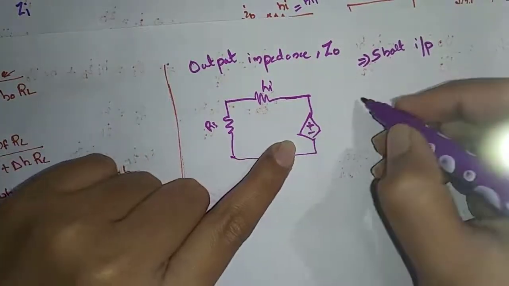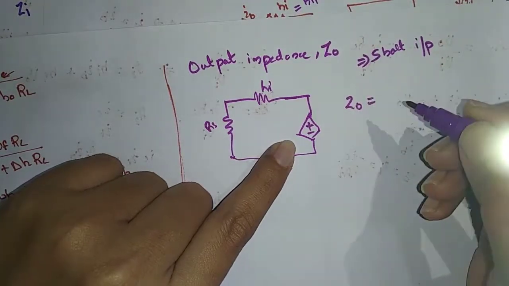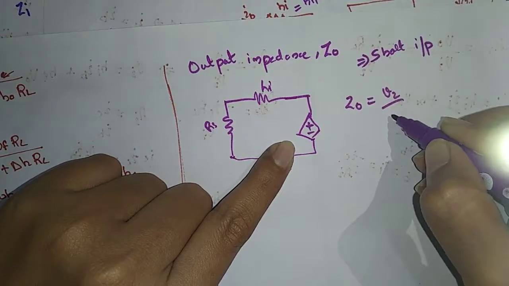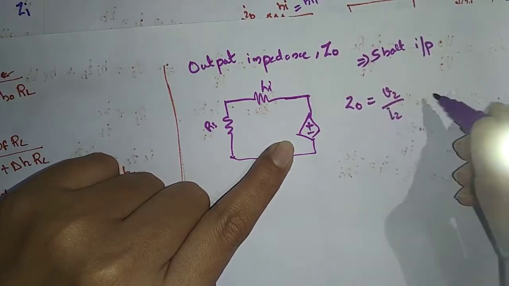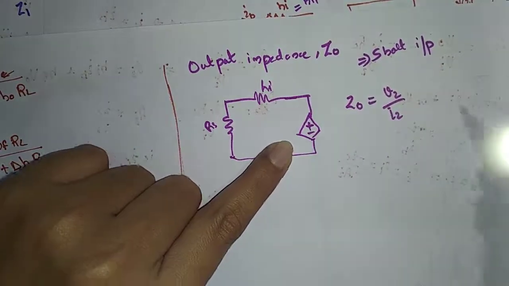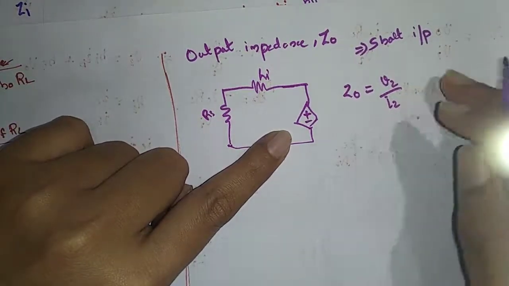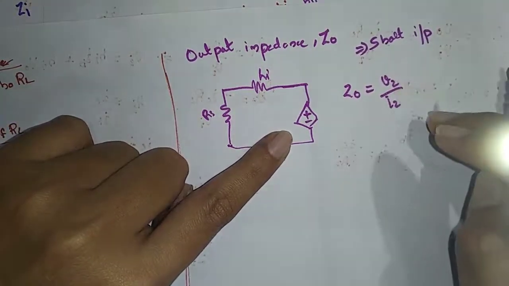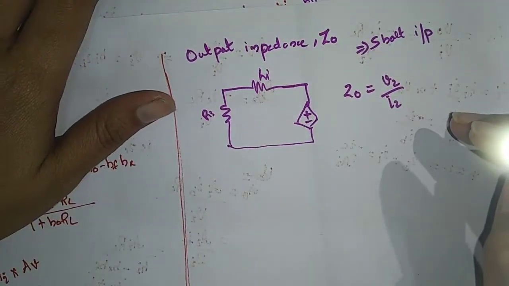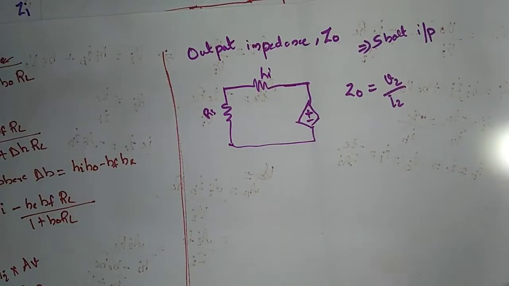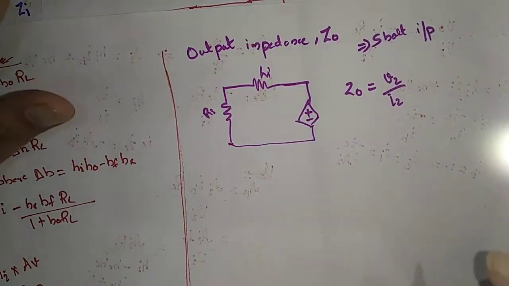What we are going to find out is the output impedance. We know that the output impedance is output voltage divided by output current. Is there any equation having output voltage as well as output current? Yes, the second equation.